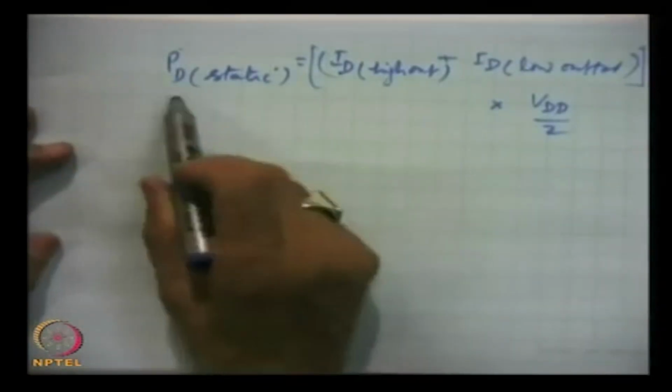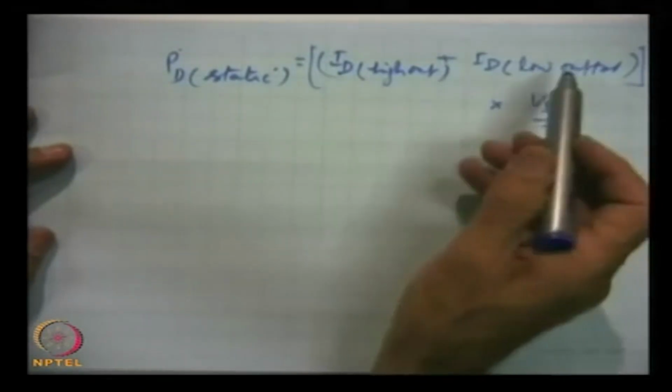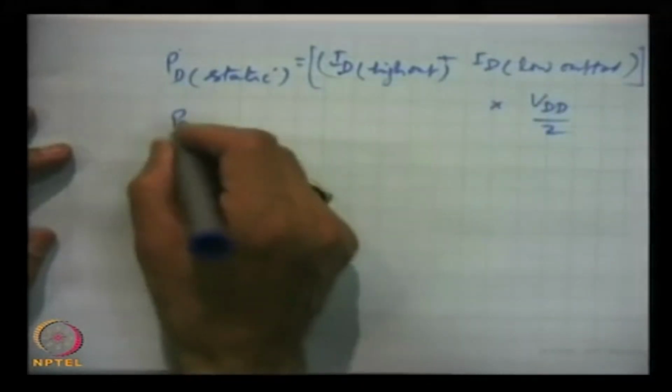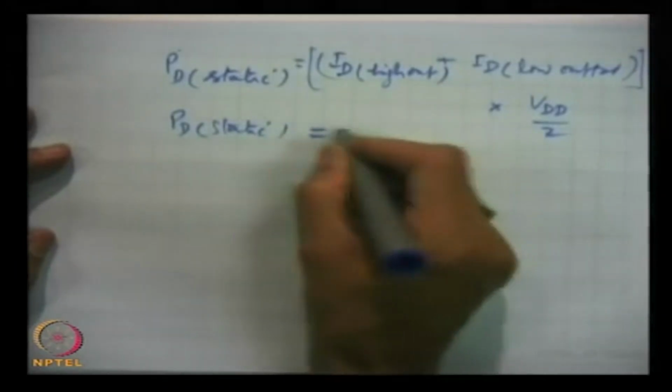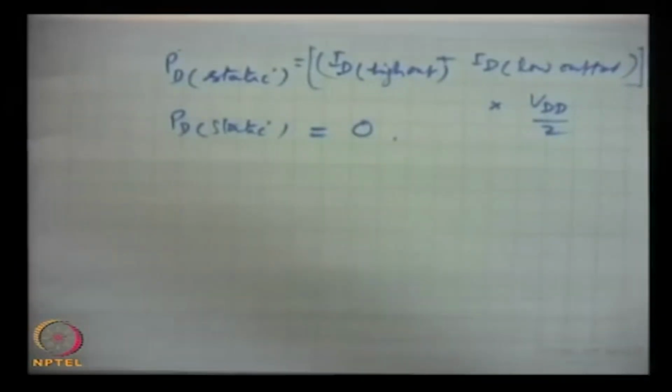Currents being 0, PD static is 0, because when the states have already changed, the drain currents are 0.